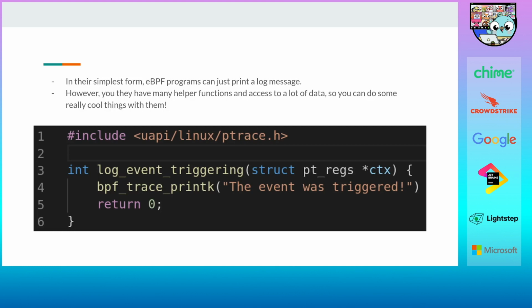You could attach it to, let's say, a network socket. I don't have much experience with that. Or you could attach it to a symbol in a Go program. And we'll take a look at that in a second. But just very briefly, this function is log event triggering, and that event that is created prints to a particular file. This is a helper function that we're not going to be using, but just a simple example.